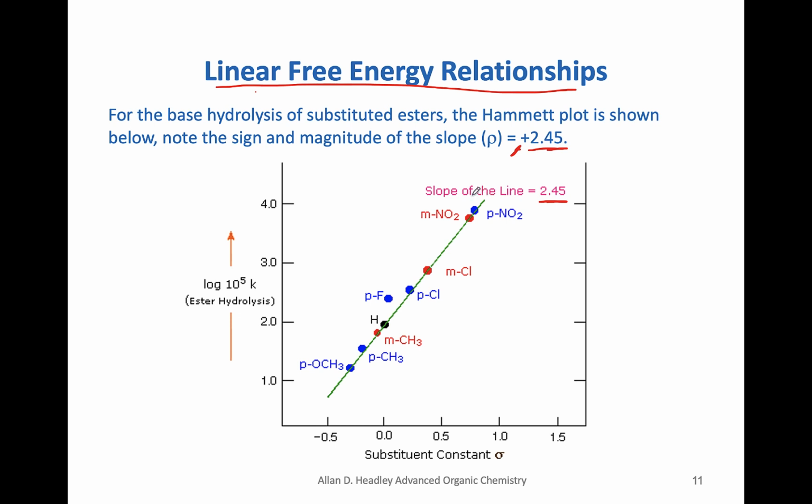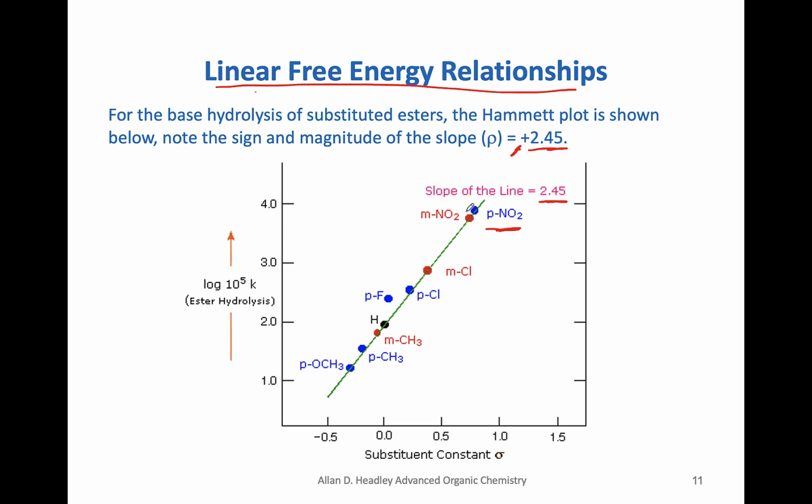Same positive slope that was obtained for the ionization of benzoic acid, which means that electron withdrawing groups favor that equilibrium. This means the same thing: electron withdrawing groups, such as the p-nitro group, favor this reaction.